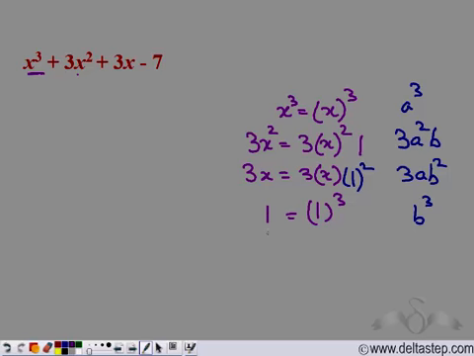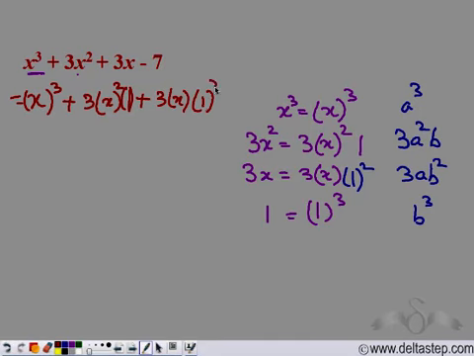1 cube is equal to 1. So let us add a 1 here. So let us write it as x whole cube plus 3 into x whole square into 1 plus 3 into x into 1 square plus 1 minus 7 minus 1.